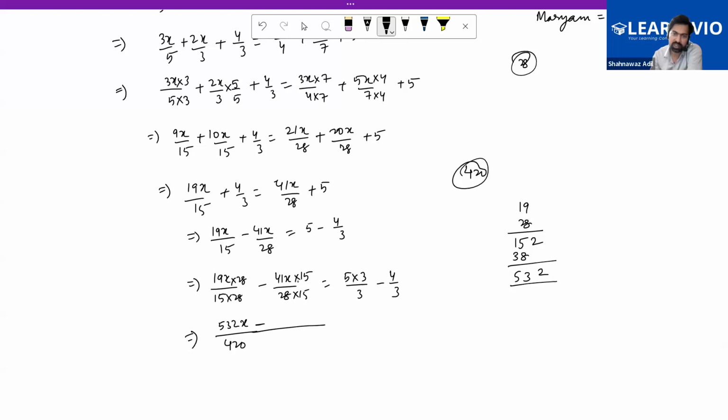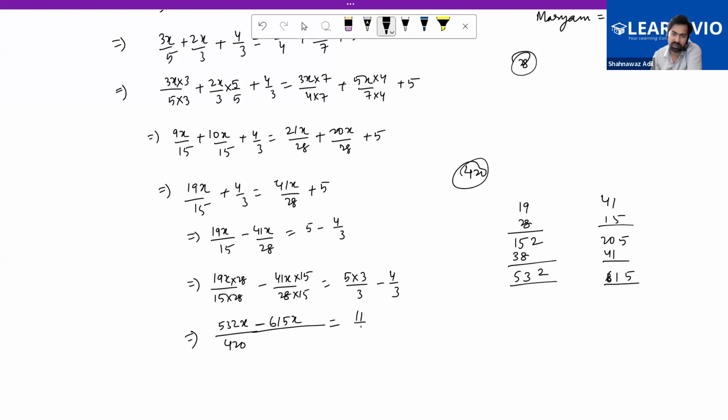How much is this thing? So 41 into 15. So 5 ones are 5, 20, and then 41. So 615x, and then this is 15 by 3 minus 4 by 3.